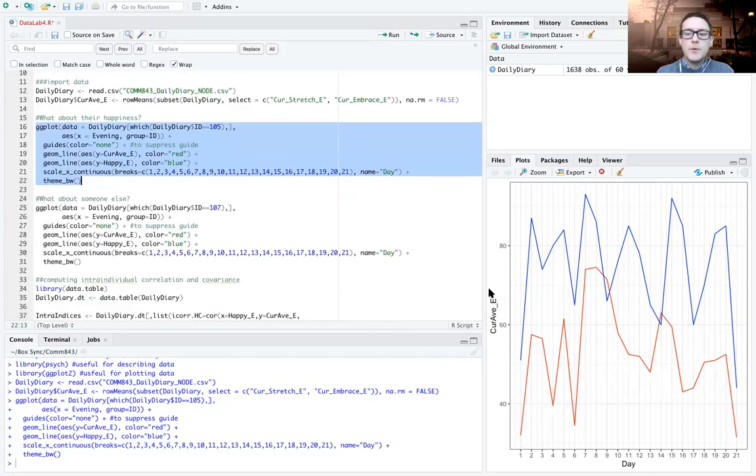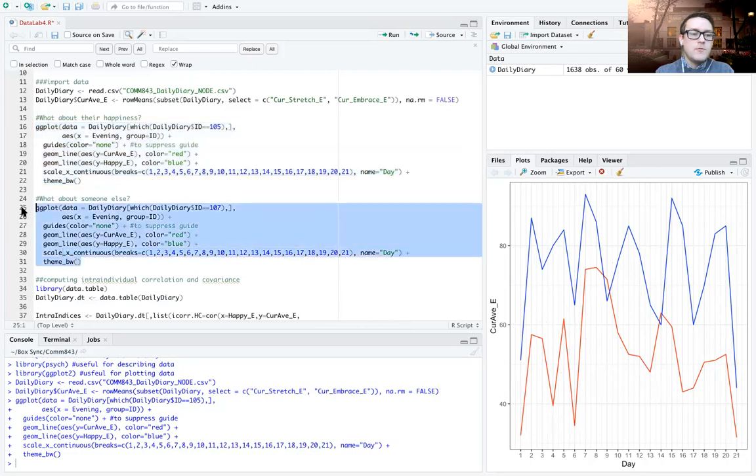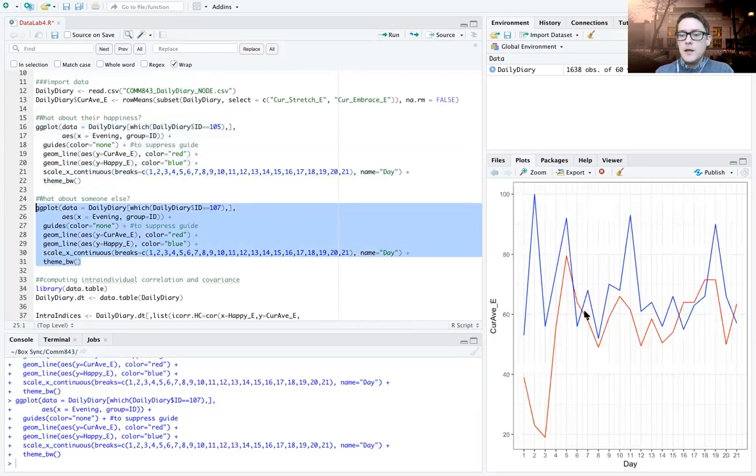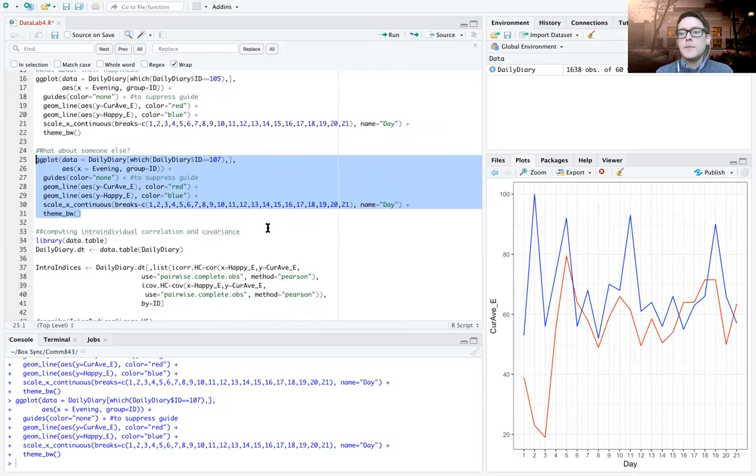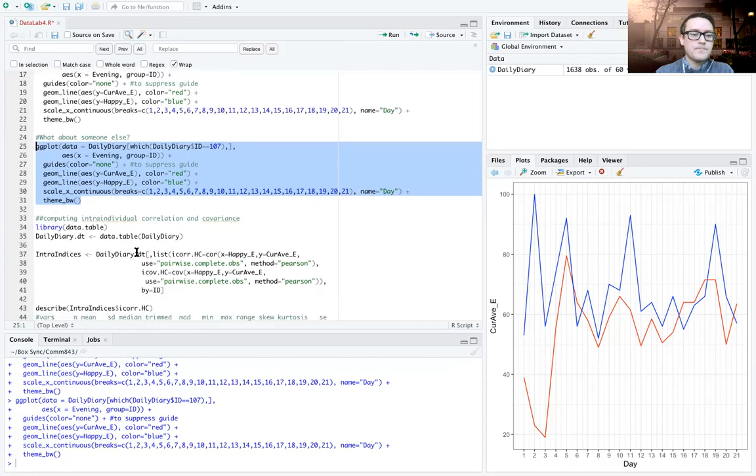And we looked at this for one person. So this person, it seems like there's a kind of tightly coupled association between these two variables. For participant 107, it doesn't look like it's as tightly coupled. But the goal here is to see if we can quantify something that tells us about the strength of the coupling between these two variables across time.